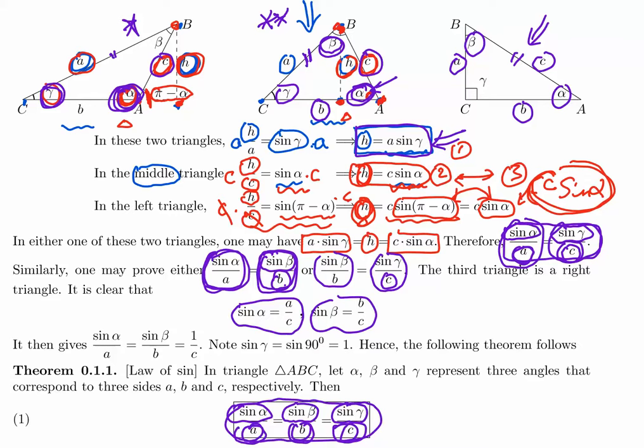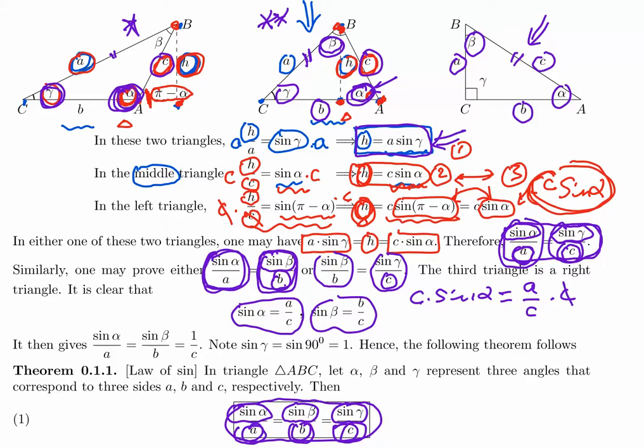So then what do we get? We then have a c downstairs. So for example, here you have sine alpha, this one, equals A over C. And then you multiply C on both sides.